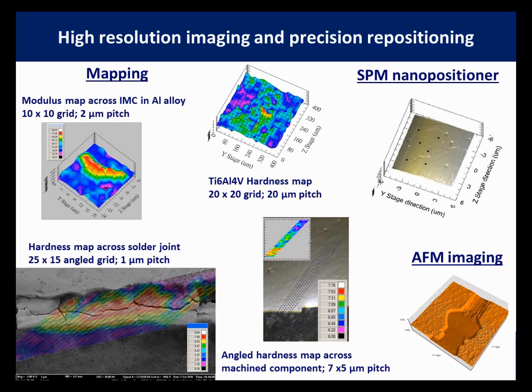On the top right, you see an SPM nano positioner that's been used to position indents in the middle of specific phases in a ceramic material. Or at the bottom right, you can use an integrated atomic force microscope image, and that allows you to look at the influence of pile-up and things like this, or in this case the transition of a critical load in a scratch on a biomedical alloy.